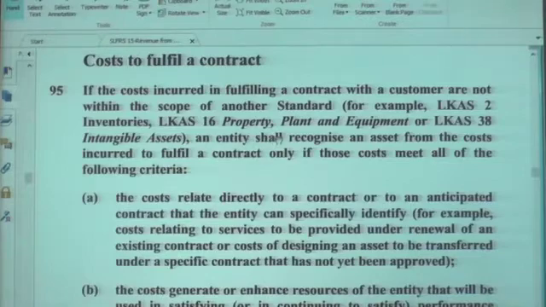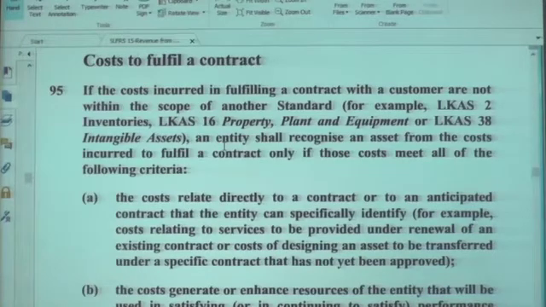An entity shall recognize an asset from the cost incurred to fulfill a contract only if those costs meet the following criteria. All the costs other than under the specific standard will be debited into a separate account, that's called the contract asset account.